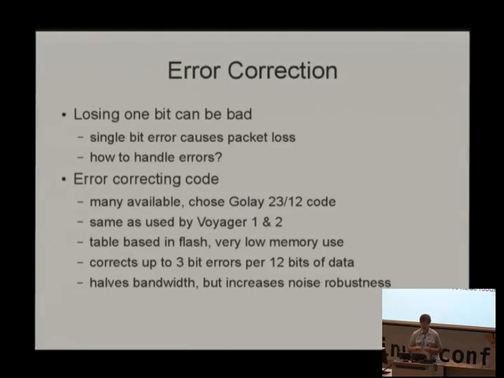It allows us to correct up to 3-bit errors per 12 bits of data, but it doubles our payload size, so it halves our bandwidth. It means that we only send sort of 125 byte packets and the rest is error correcting code interleaved in with the data. But it does mean we can cope with up to 25% bit errors, which is a lot of noise. And it varies a lot.